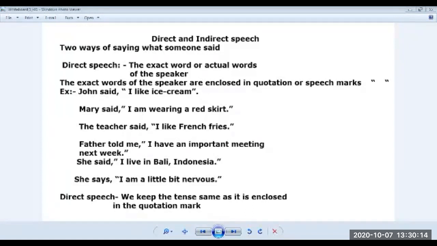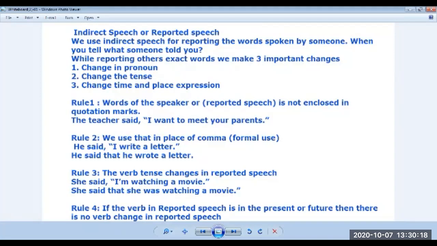Okay, so let's go to the next slide and we will talk about what indirect speech is and what the rules for indirect speech are. Okay, let's go ahead.